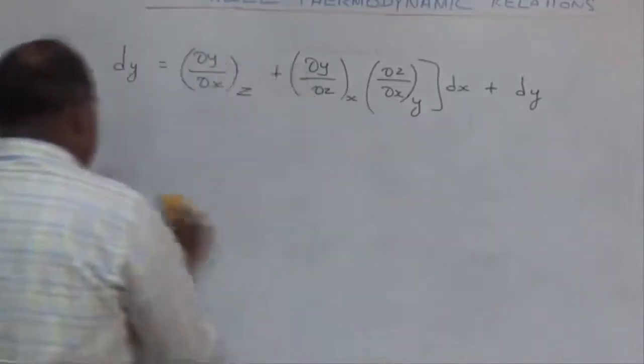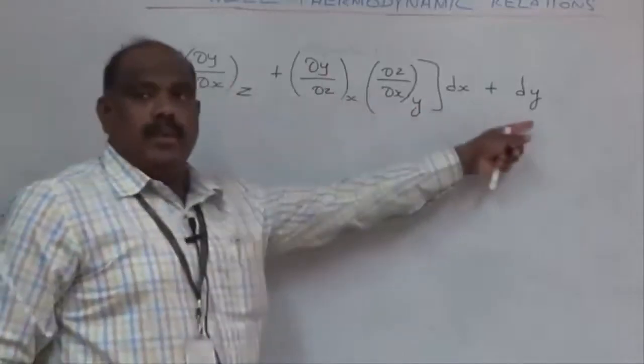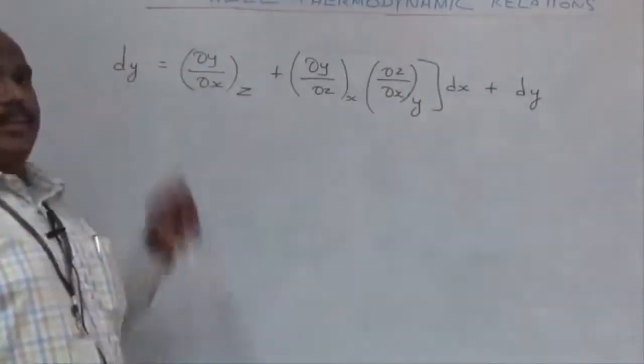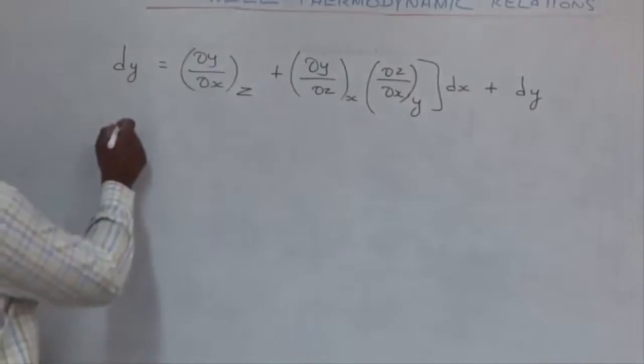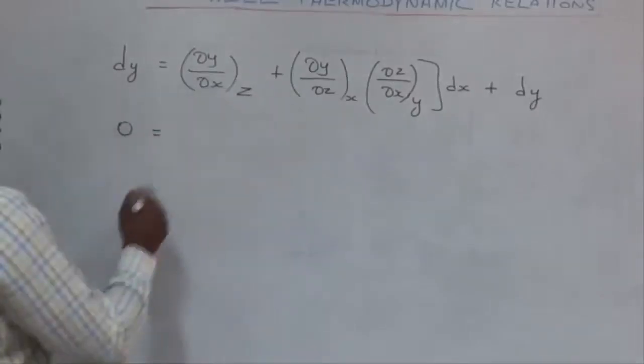So what happens, you can see here, here also dy, here also dy. If you take this dy to this side, dy minus dy will become 0. So it becomes 0, equal to the same term.